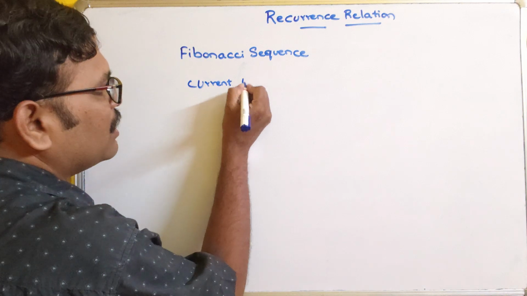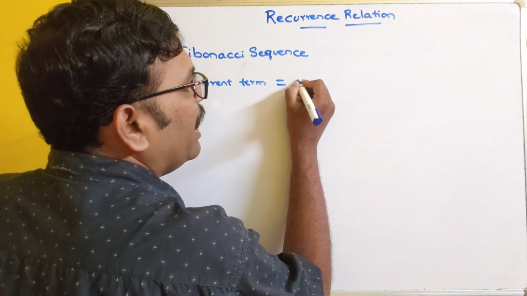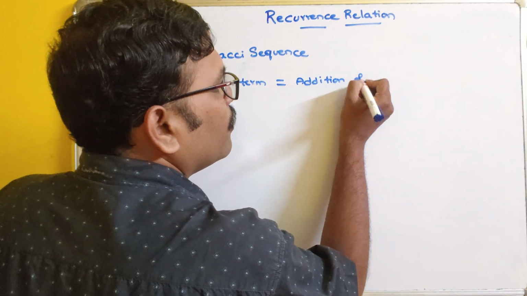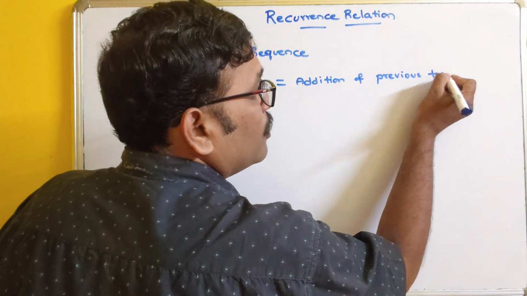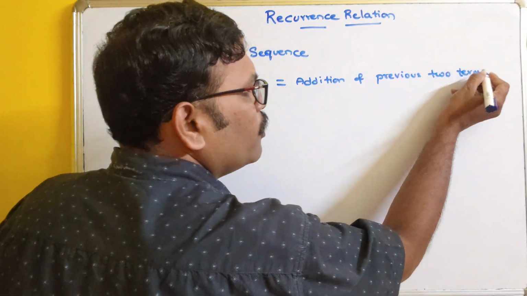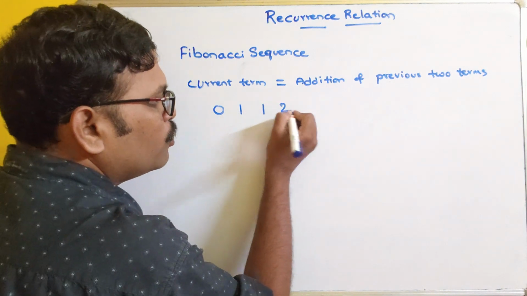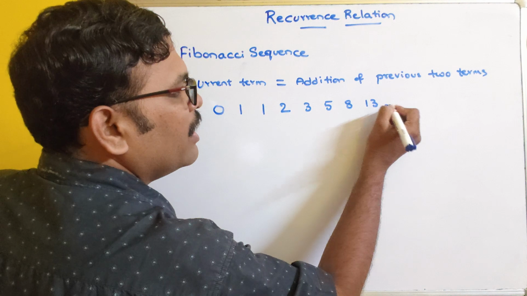A current term will be the addition of the previous two terms. So we know the sequence. It will start with 0, 1, 1, 2, 3, 5, 8, 13 and so on.